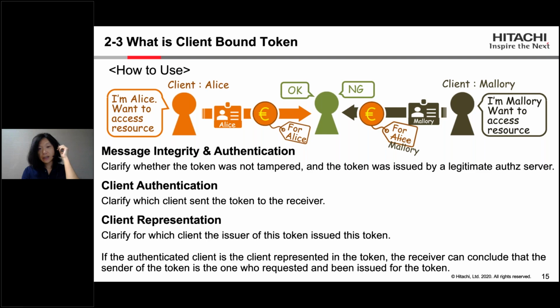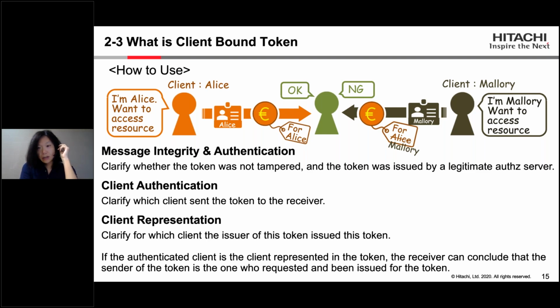The message integrity and authentication, to clarify whether this token was not tampered with, not forged, and whether this token was issued by a legitimate auth server, and the client authentication, to clarify which client sent this token. Finally, the client representation, to clarify to which client the issuer of this token had issued this token.